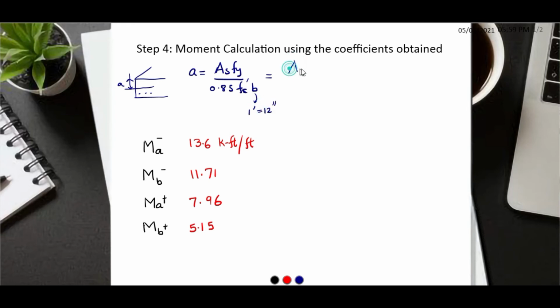Area of steel we don't know. FY is 60,000, 0.85, 3,000 and this is 12. This comes out to be 1.96 AS.